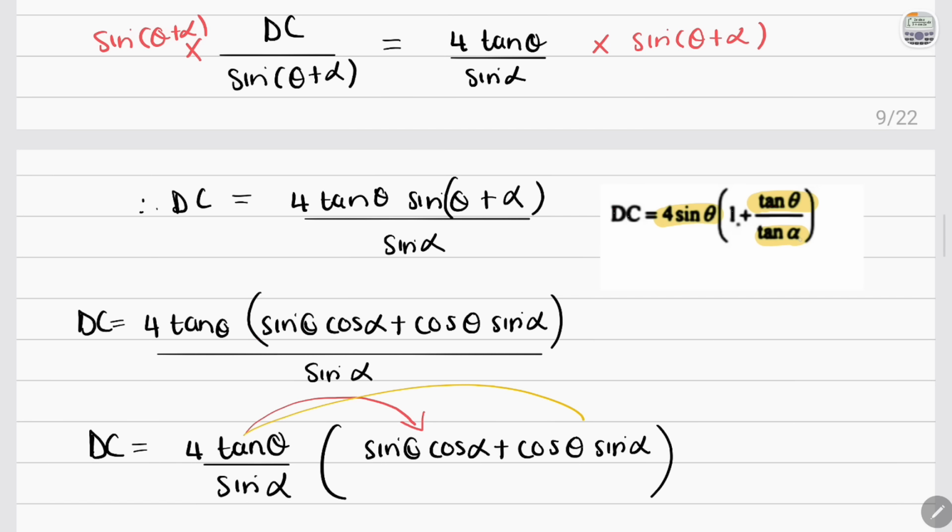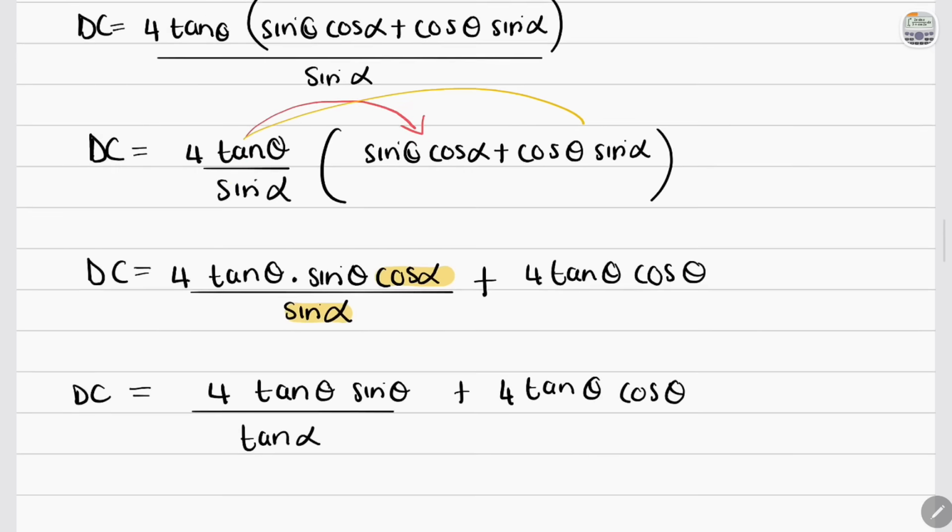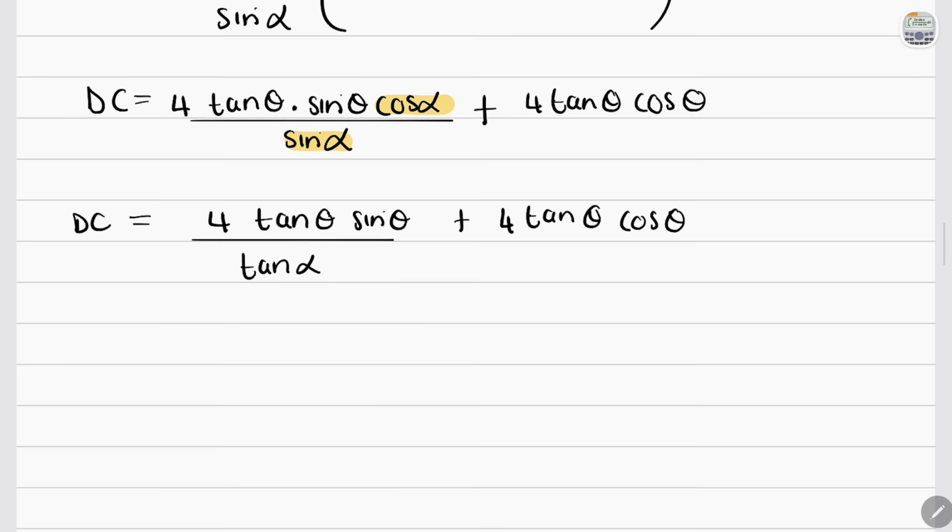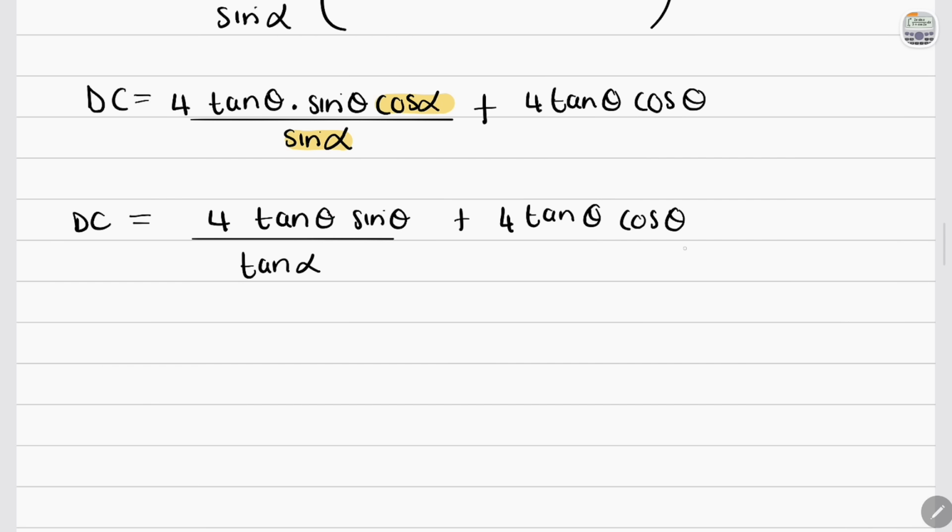You see that there is a sine theta that they clearly took out as a common factor. So I need a sine theta. So I have a sine theta here, but I don't have one here. I'm going to go ahead and expand that. So DC is equal to 4 tan theta sine theta all over tan alpha.